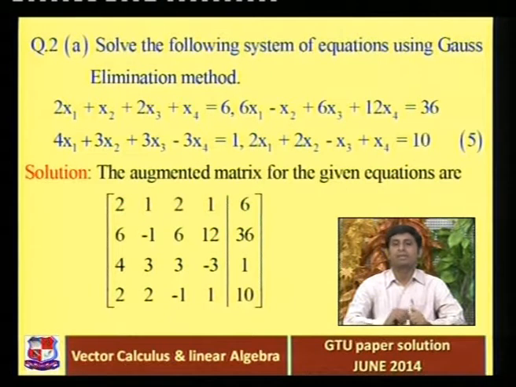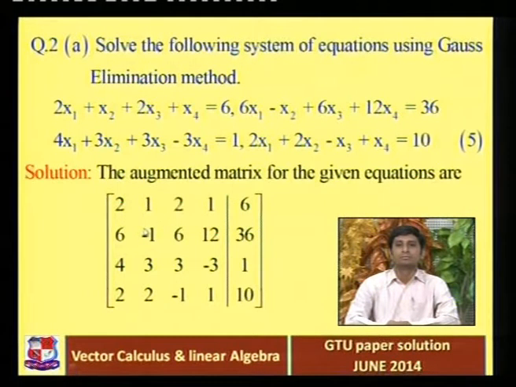Now you can see this is our augmented matrix, and we want to convert it into a row echelon form matrix, because we have to solve this system of equations using the Gauss elimination method. So let's see how we convert this matrix into row echelon form.